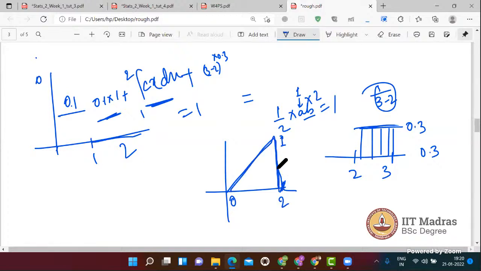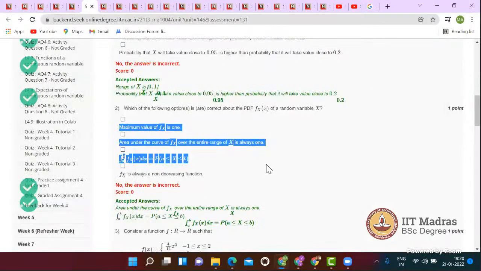This is an increasing one, but the area is 1. So this can be a valid PDF, but it's not a decreasing function. It's increasing.